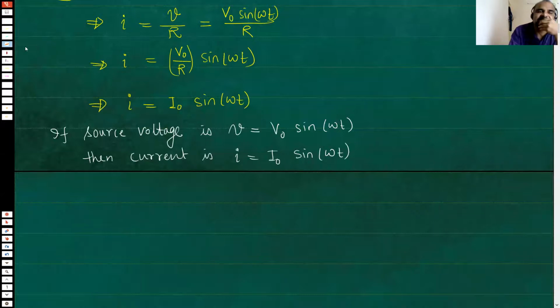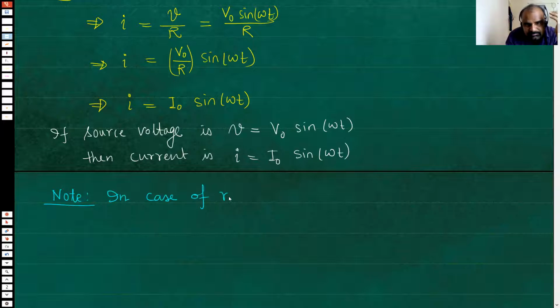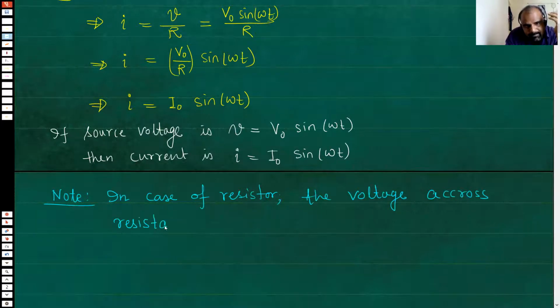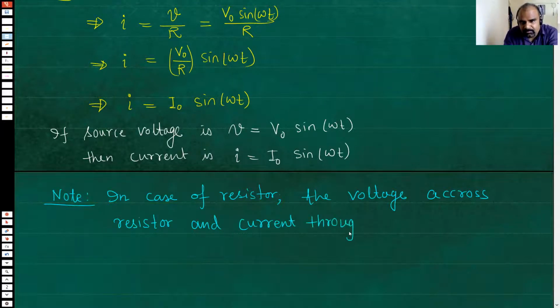So this is the statement I want to write: in case of a resistor, the voltage across the resistor and the current through it are in same phase.